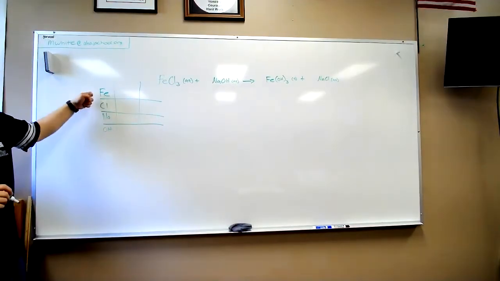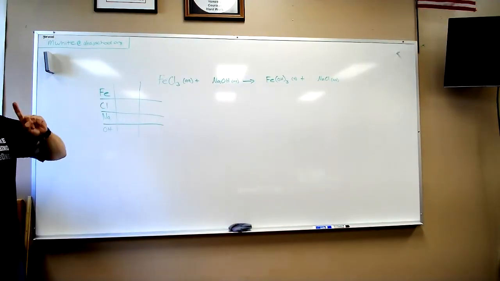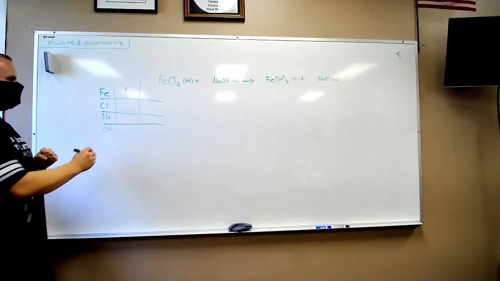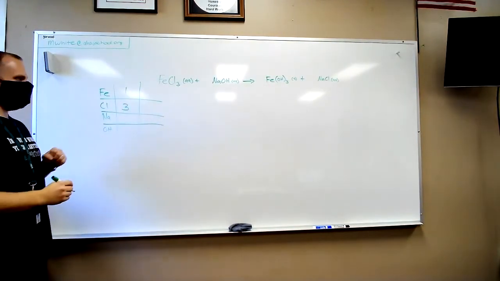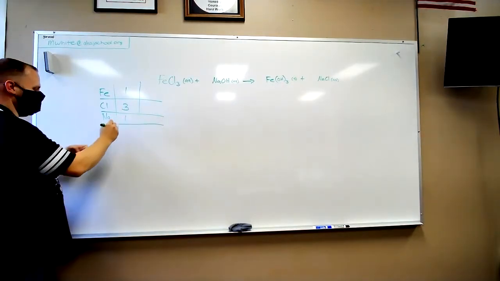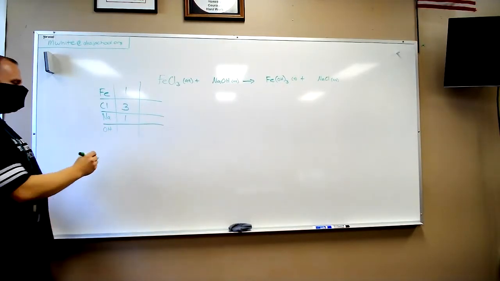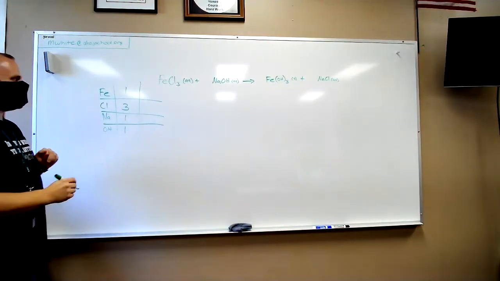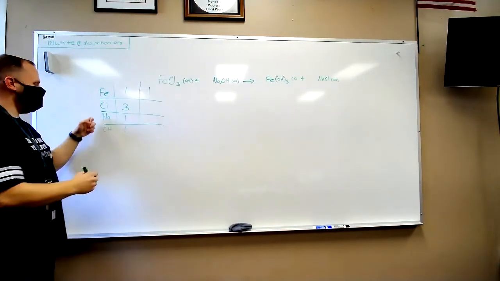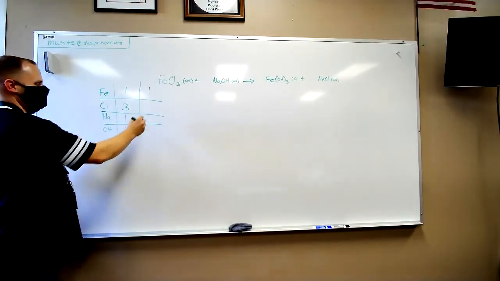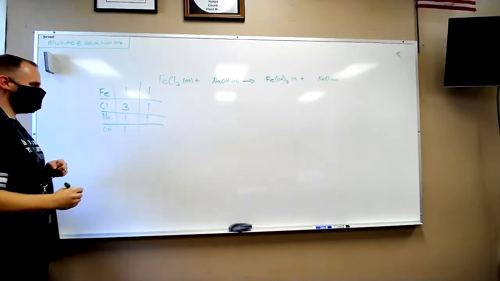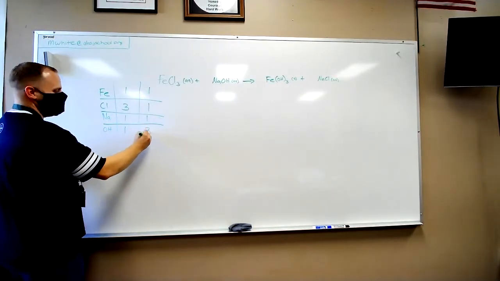How many atoms of iron? 1. Chlorine, 3. Sodium, 1. And OH, 1. On the other side, how many atoms of iron? 1. Chlorine, 1. Sodium, 1. And OH, 3 of those.